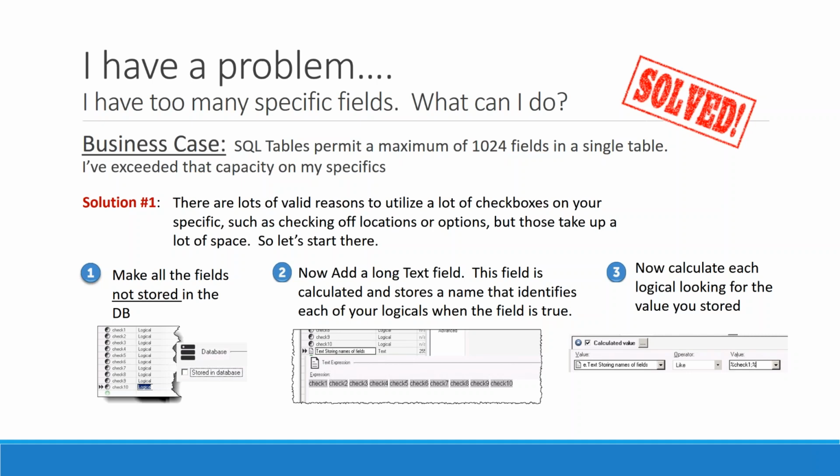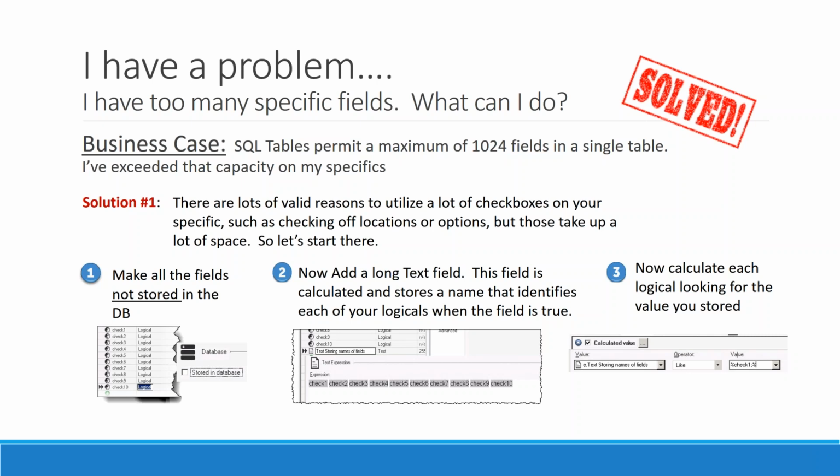Those logicals, even though they don't take up a lot of room in the number of characters they store, take up a lot of useless space. So there are ways that we can manage some of that, especially when a lot of logicals fit into a specific category, such as my locations. In some cases, I may have in excess of 24 or 40 locations.